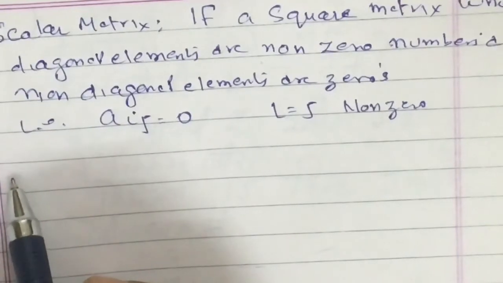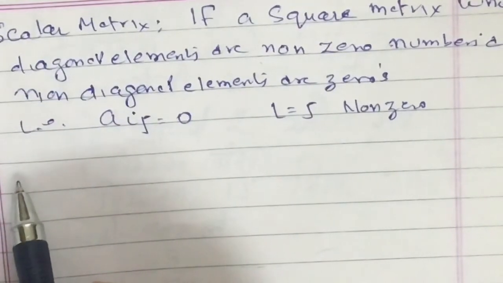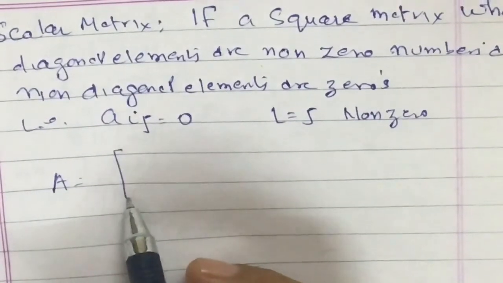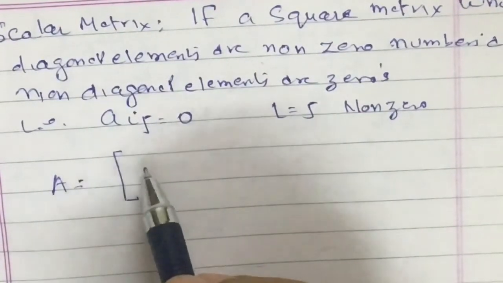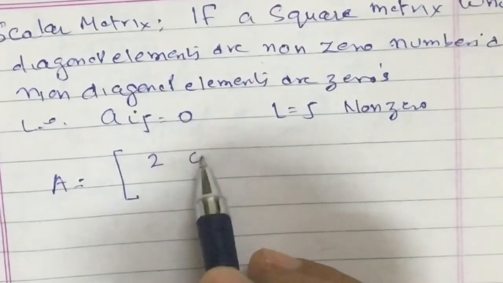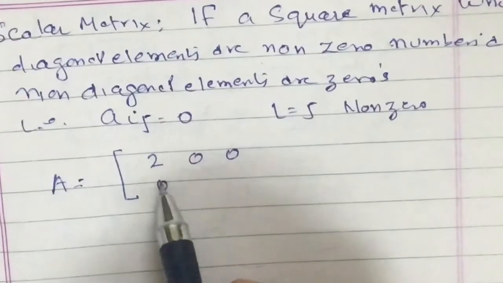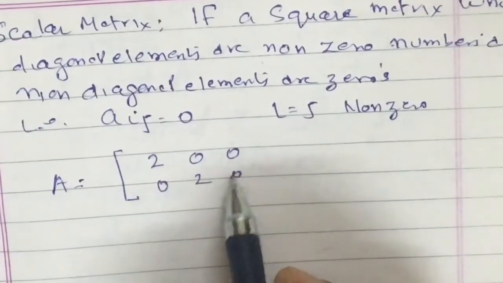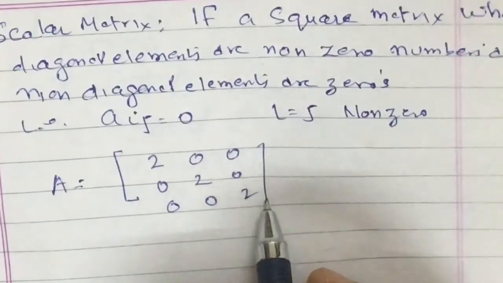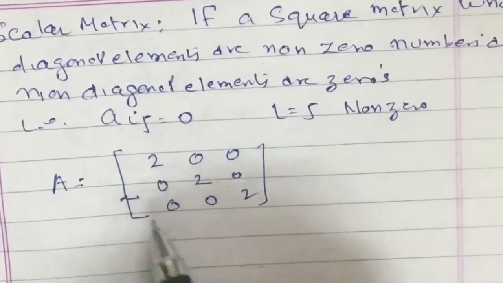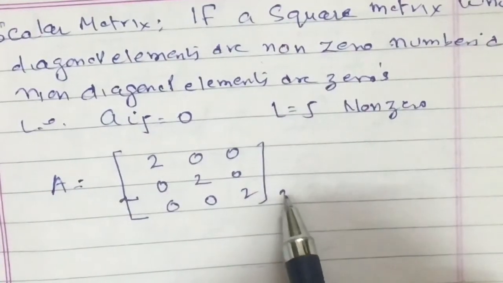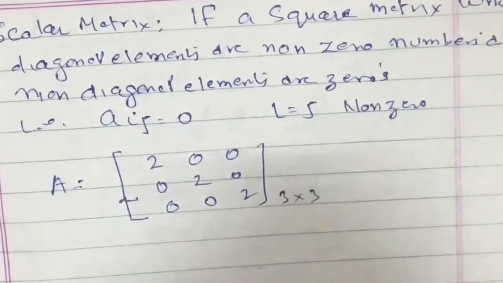Let me give you one example. Say A is a matrix whose order is 3 into 3 and elements are 2, 0, 0, 0, 2, 0 and 0, 0, 2. This matrix is 3 into 3 order, as you have seen, 3 rows and 3 columns.